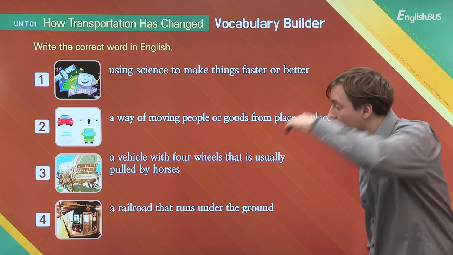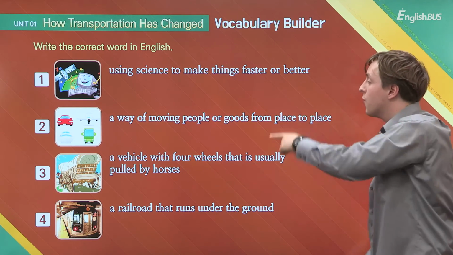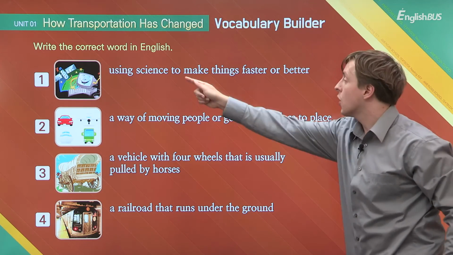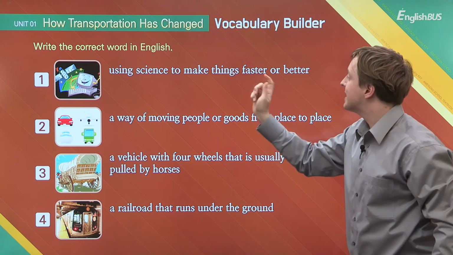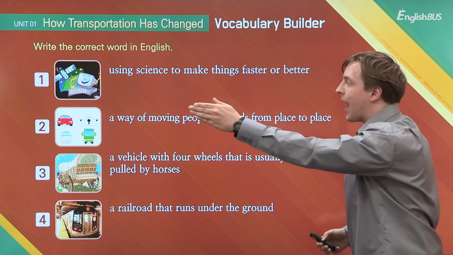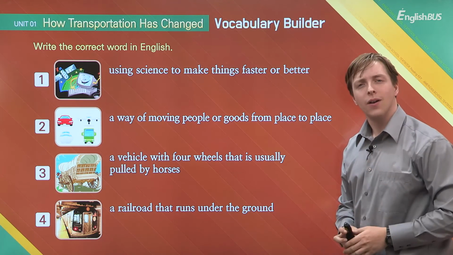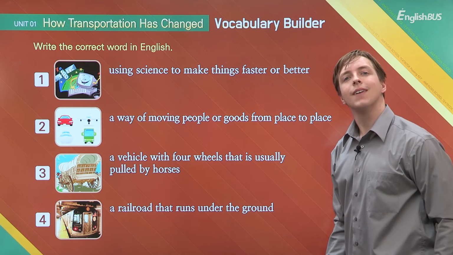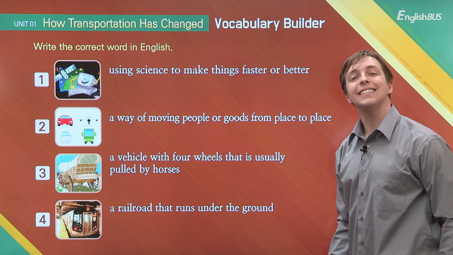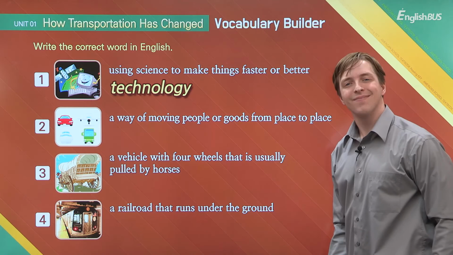Finally, we must look at the pictures and the phrases to write the correct word. Number 1, using science to make things faster or better. What's another word for this? Good job! This is technology.